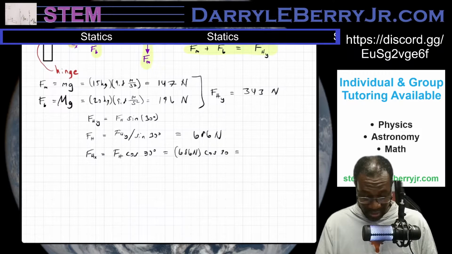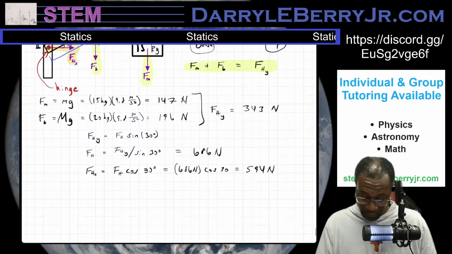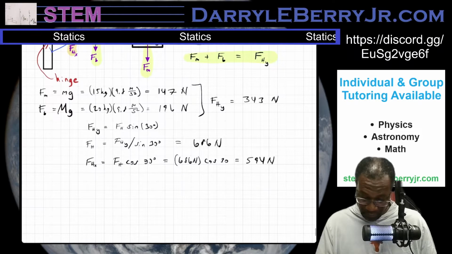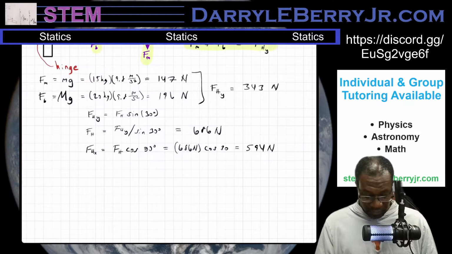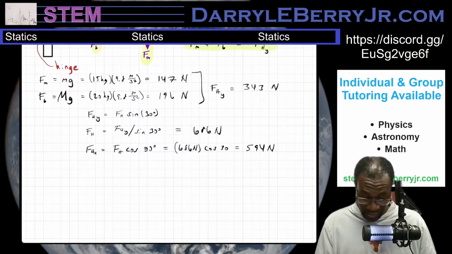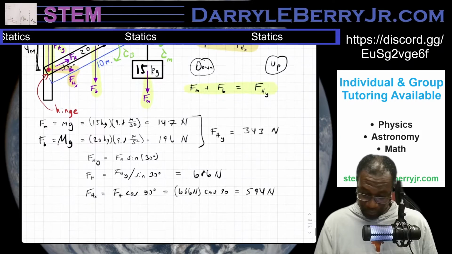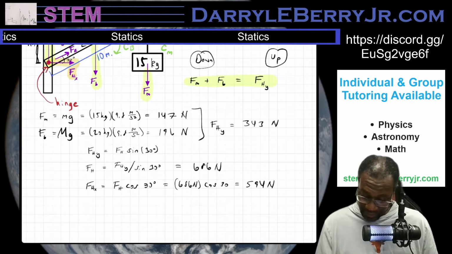This is 594 newtons. So what that means is that the square root of FHX squared plus FHY squared should equal FH. It does. All right. And since T is FHX, that equals T.